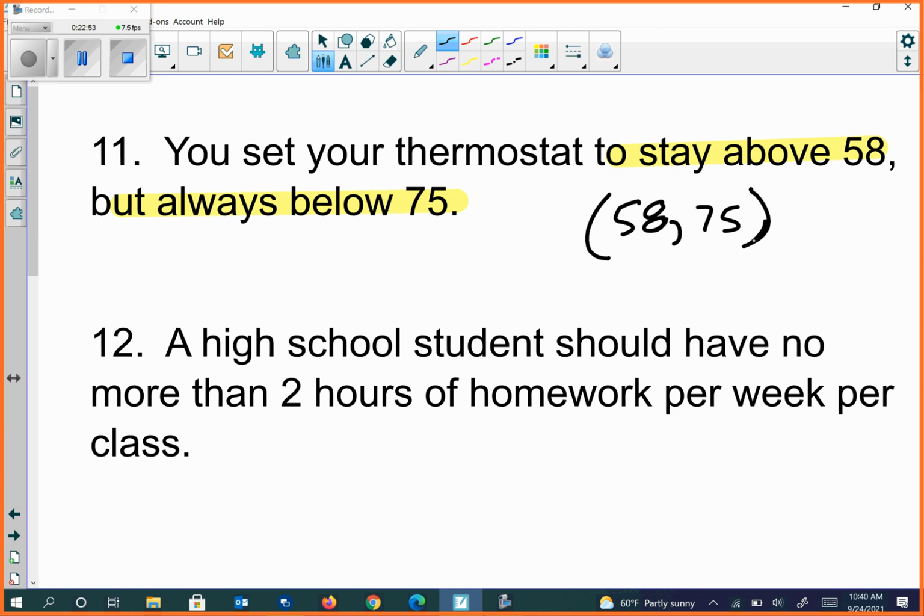Agreed? But if you had turned on the heater, the air conditioner, and let's say it was at 59 degrees, to go from 59 to 60, is it automatically jumping up to that, or did it gradually move up to the next temperature, or move down to the next temperature? Gradually. So this is continuous data.